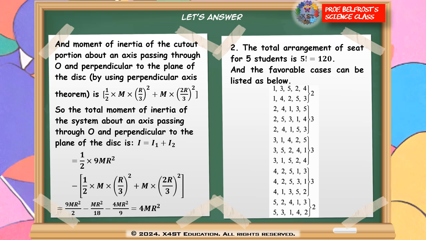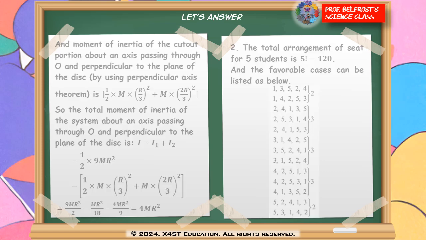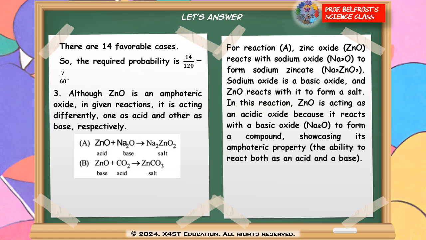So we have 2 plus 3, 5 plus 3, 8, 8 plus 3, 11. Totally, there are 40 favorable cases. So the required probability is 40 over 120, which gives us 7 over 60. And that's the answer. Okay, how about number 3, the chemistry problem?